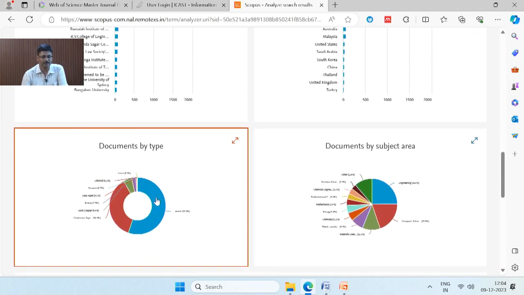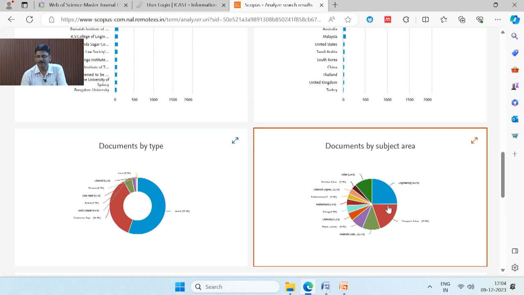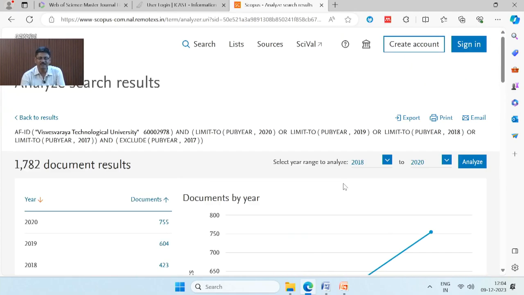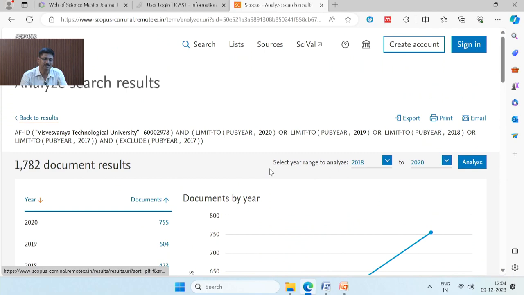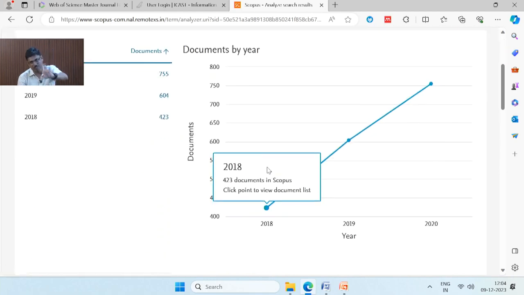Documents by type: the majority are journal articles, second highest are conference papers, then book chapters, review papers, data papers, erratum, editorial. And by subject: engineering, computer science, material science, physics, chemistry, these are all the subject headings of Scopus.